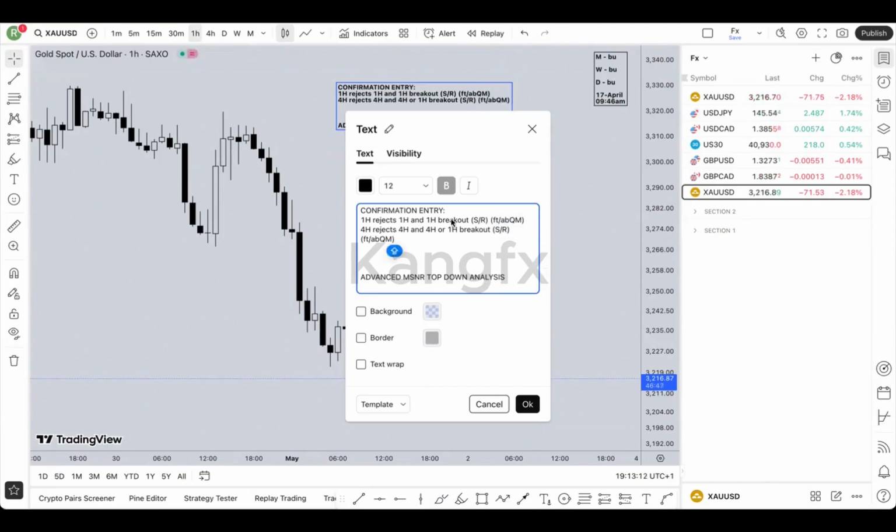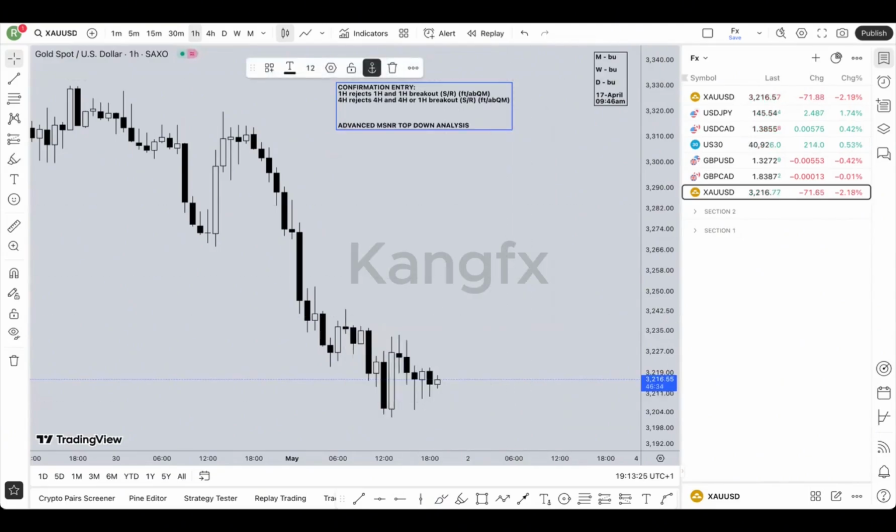You should also note that confirmation from rejection on QM is not as strong as rejection that happens on support and resistance. That's one thing you should note.